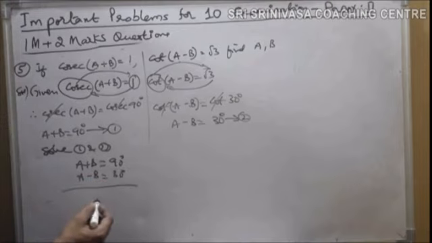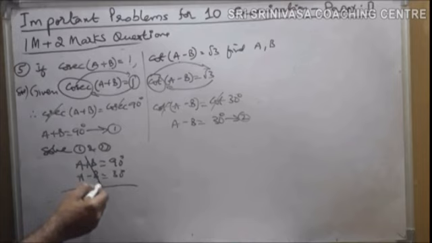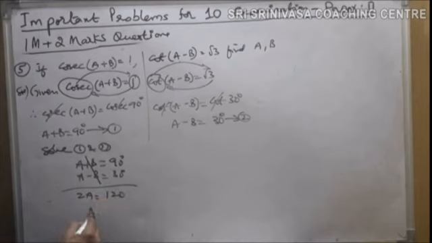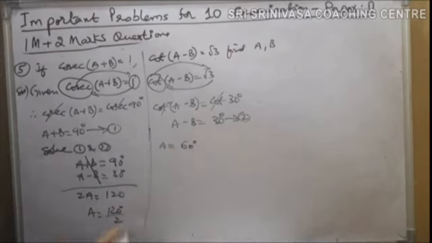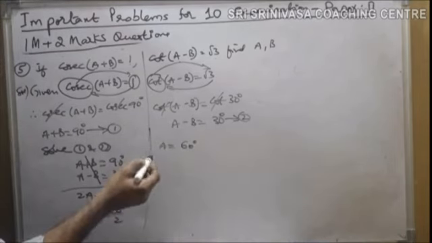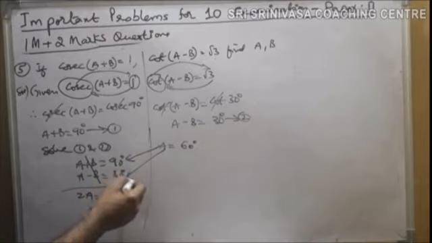So let us go for elimination method. Plus b minus b will get cancelled. A plus a is 2a equal to 90 plus 30 is 120 degrees. So a equal to 120 degrees by 2, so therefore my a value is 60 degrees. Once you know a value, you substitute a in either the first equation or second equation.